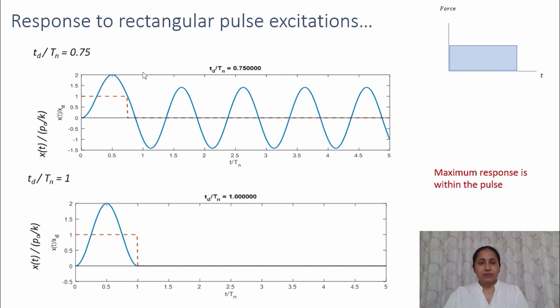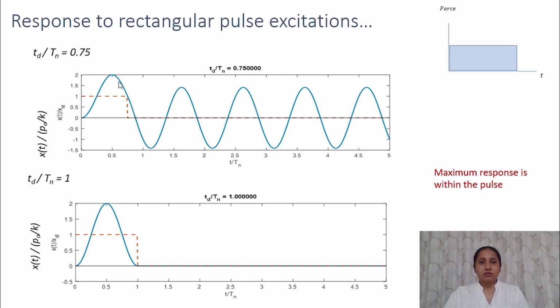So based on these two responses, we can see that the maximum response is happening within the pulse. That means the maximum response is happening during the forced vibrations. So we have seen earlier that when Td by Tn was less than half, the maximum displacement, the maximum response was happening during the free vibration phase.